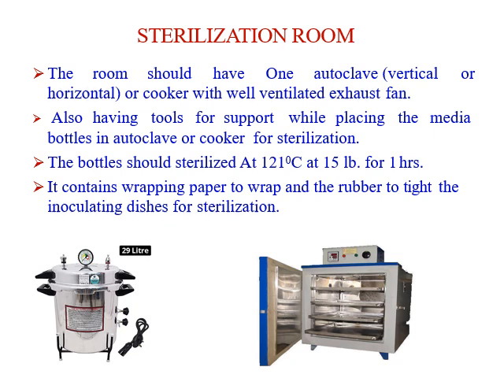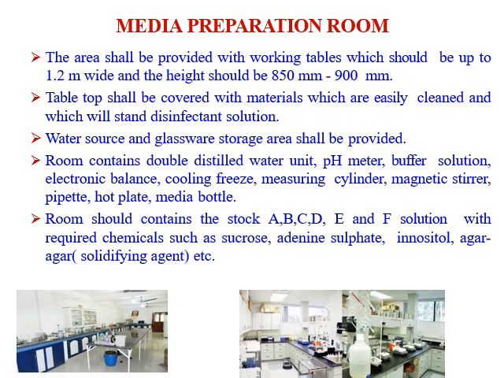The bottle should be sterilized at 121 degrees Celsius at 15 LPS for an hour or 20 minutes. It may depend upon whether you are going to decontaminate or you are going to sterilize. The duration will differ. It contains the wrapping paper to wrap and the rubber to tie the inoculating dish for the sterilization process.